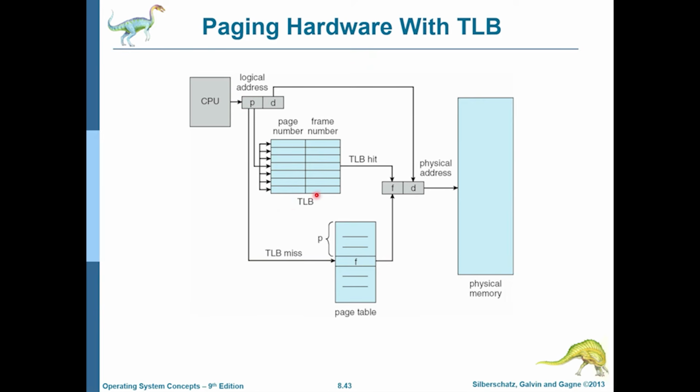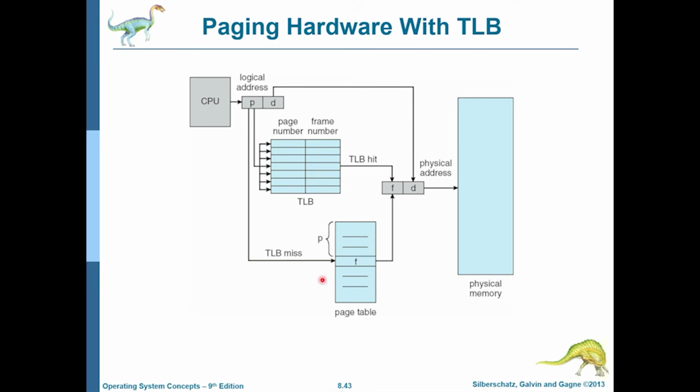So all the entries here are searched to see if this page number P is present. If it is present, then it is called a TLB hit. We immediately get the frame number. Now we know F, so we have removed P and we put F into the logical address. The offset remains the same and we go to physical memory. If there is a TLB miss, if this page number is not present in the TLB, then as usual, we look into the page table, which is again in main memory somewhere. We figure out the frame number.